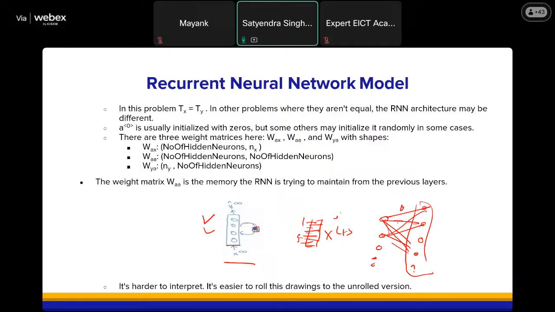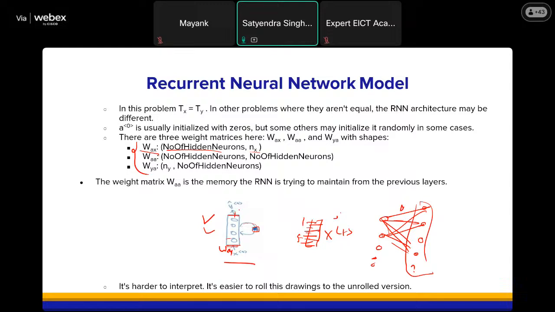Weights in algebraic notation can be represented in terms of matrices. There are three weight matrices involved. WAX is between input and hidden, so its size is the number of hidden neurons by Nx. So WAX is involved between input and hidden, and then there is hidden to output.